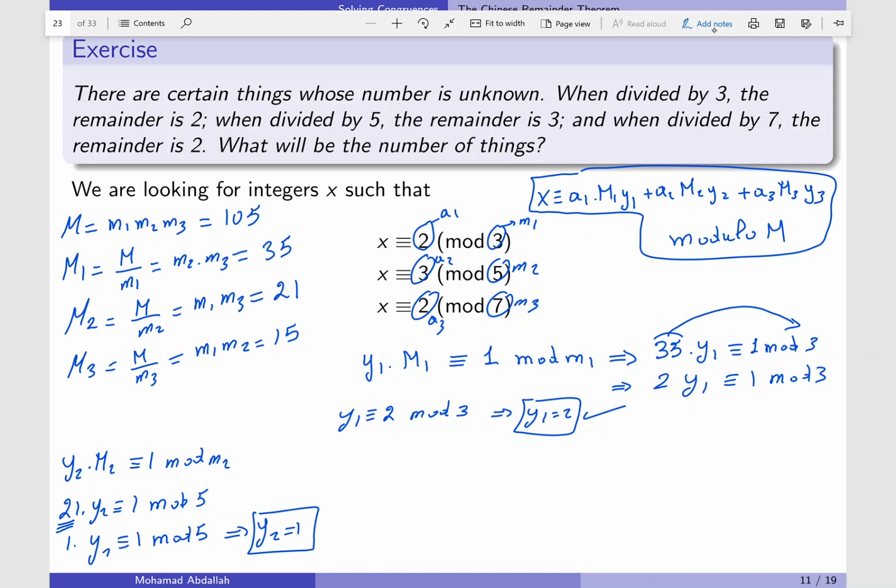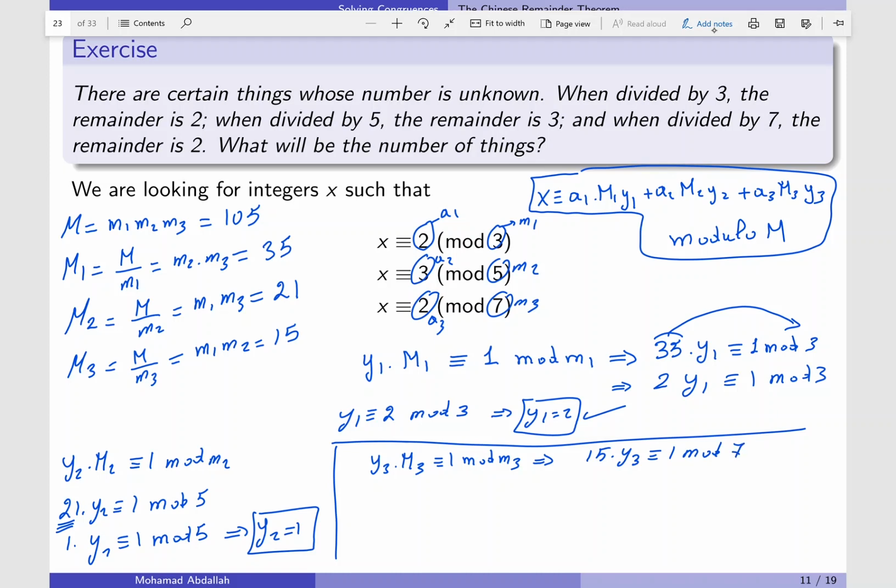And finally, I need to find y3 times M3 congruent to 1 mod small m3. So this means that 15 multiplied by y3 is congruent to 1 modulo 7.